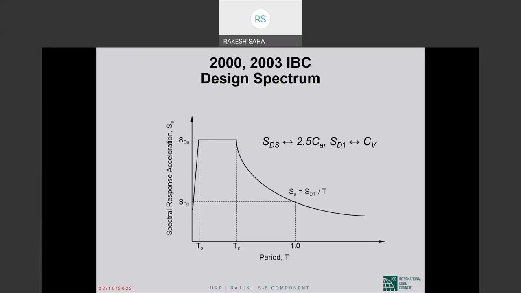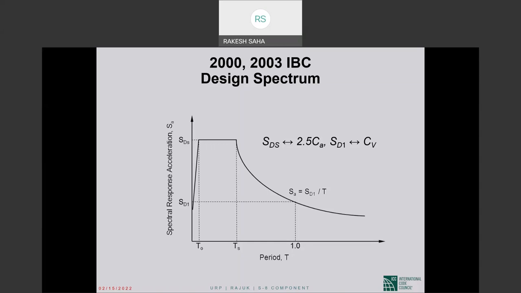The design spectra for code use originated from Professor Harry Seed's work in the 70s, which was adapted by ATC3 and then evolved in different editions of the NERP provisions until the 1988 UBC picked it up.